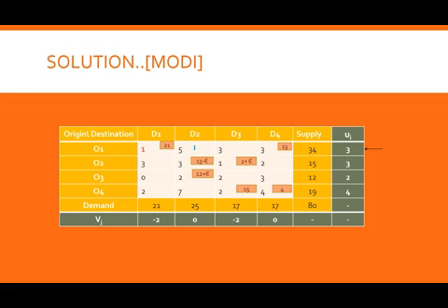Now compute the net evaluations eij values. 5 minus 3 is a 2. 3 minus 3, 0. 0 plus 2 is a 2. 3 minus 3 is a 0. 0 plus 2, you get a 2 again. Then 2 minus 3 is minus 1.